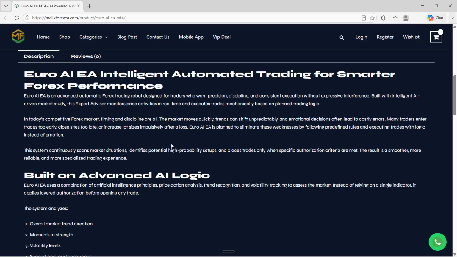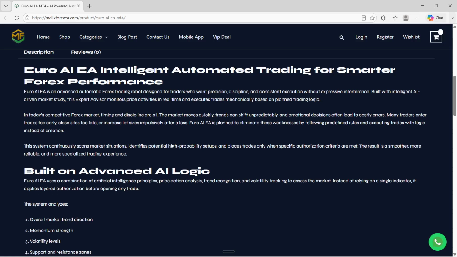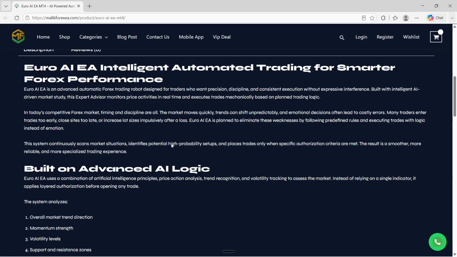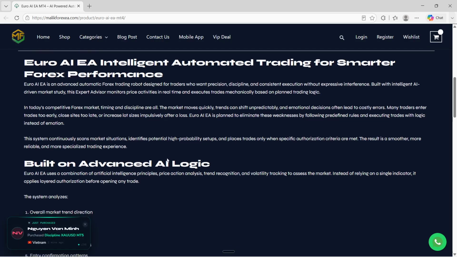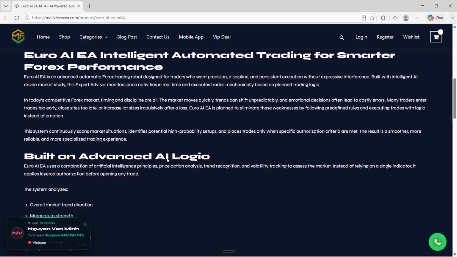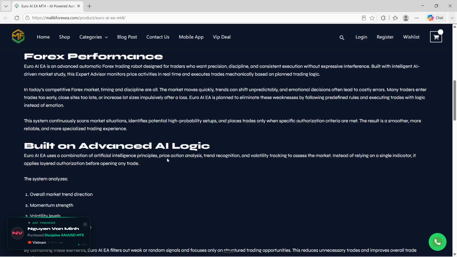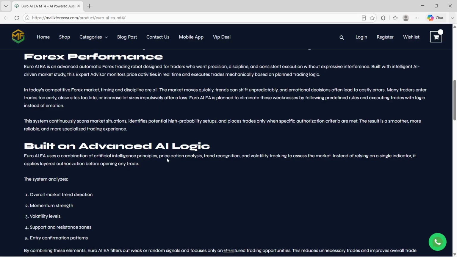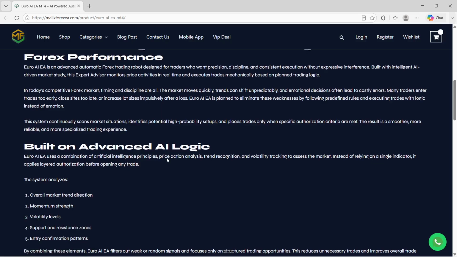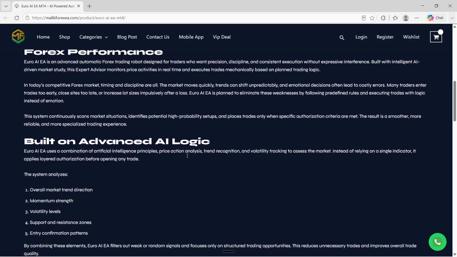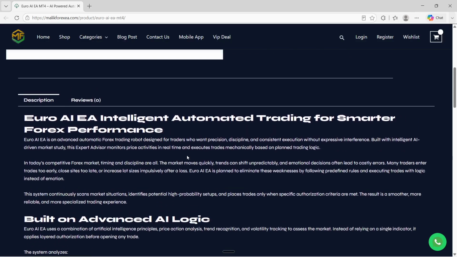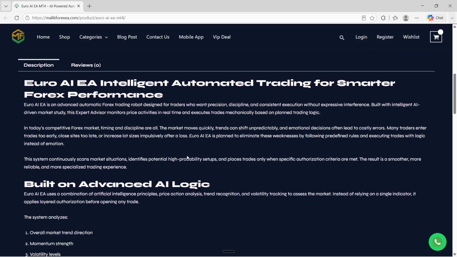The more specialized description positions it as an EURUSD H1 system with three independent layers, one for overall market regime, trending, ranging, or transitional, one for price structure and noise filtering, and one for precise execution timing. A trade is only allowed when all layers align.